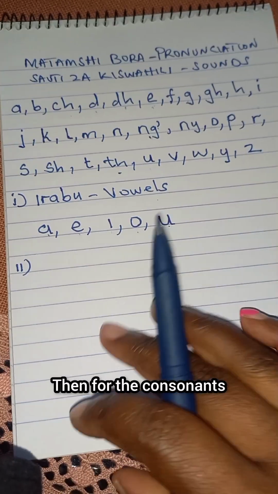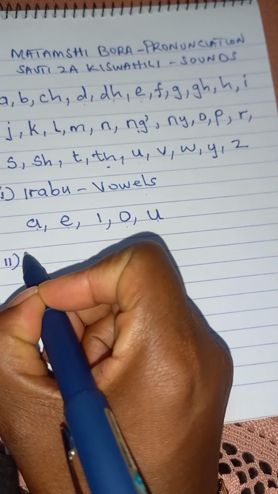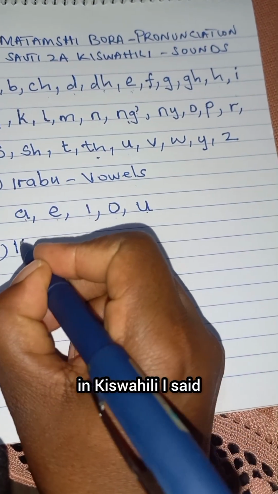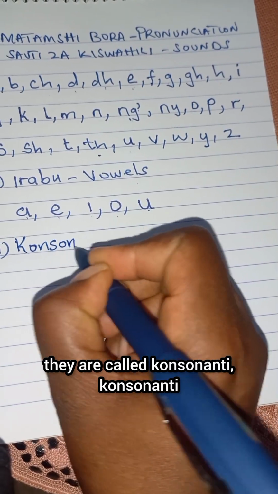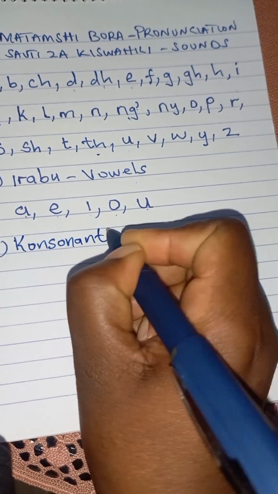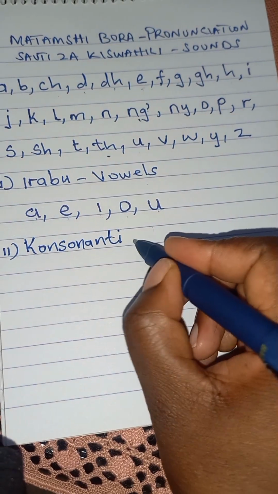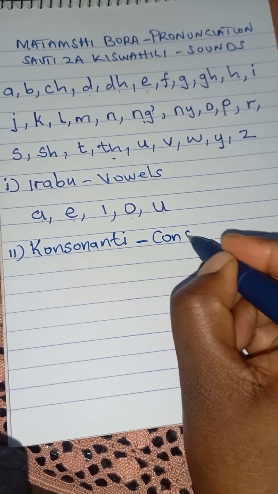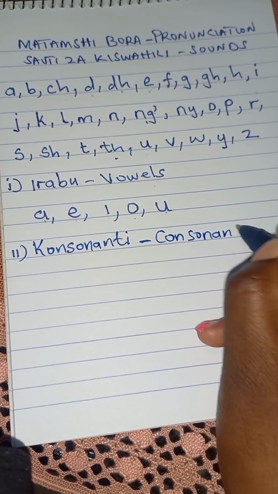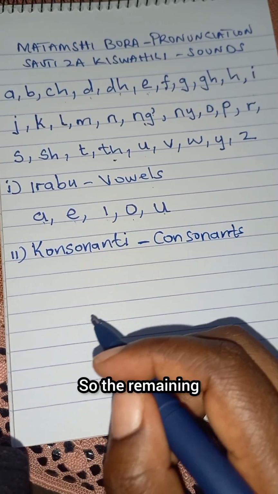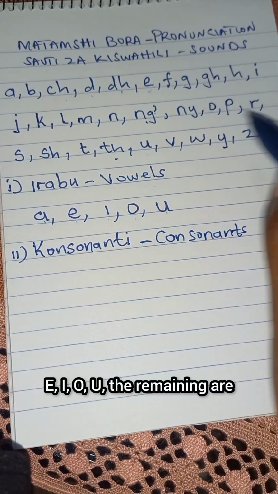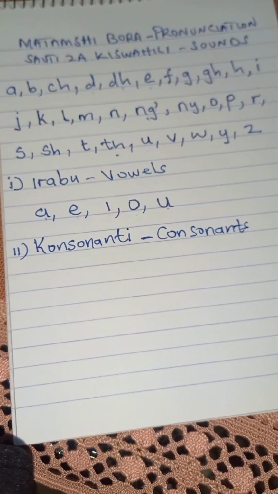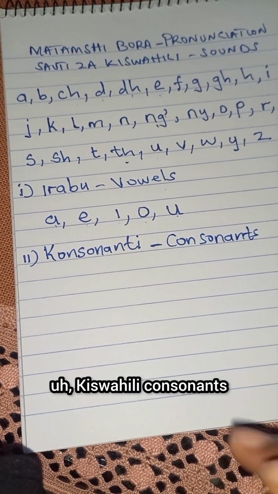Then for the consonants, in Kiswahili I said they are called consonanti. In English we call them consonants. So the remaining, after removing a, e, i, o, u, the remaining are Kiswahili consonants.